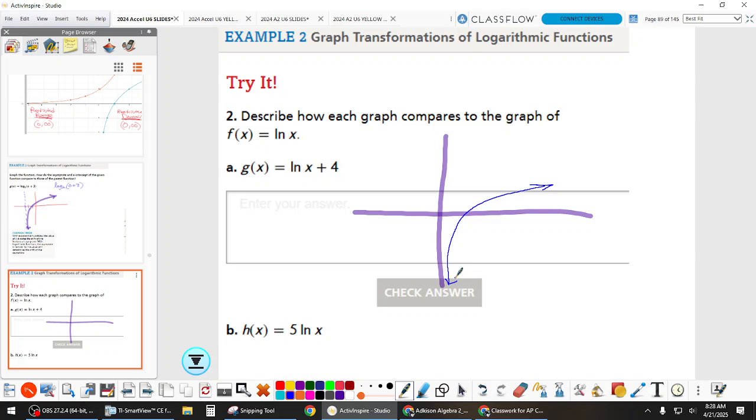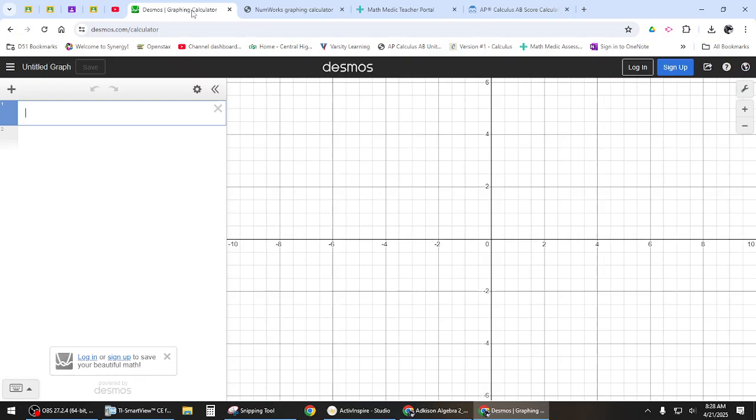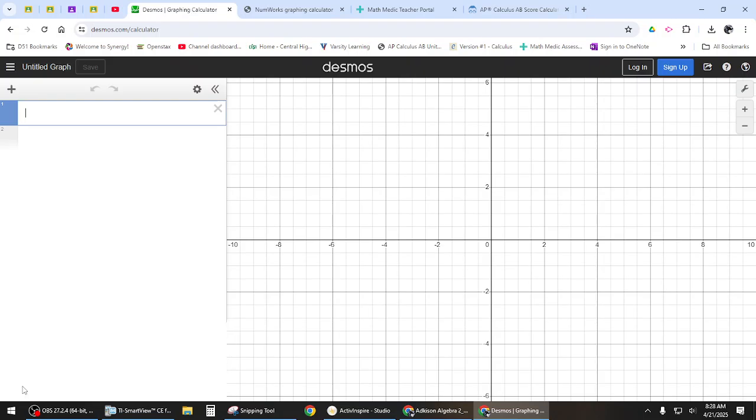No, it's just going to keep going up. So all horizontal lines will get crossed. Let's just put it in here.